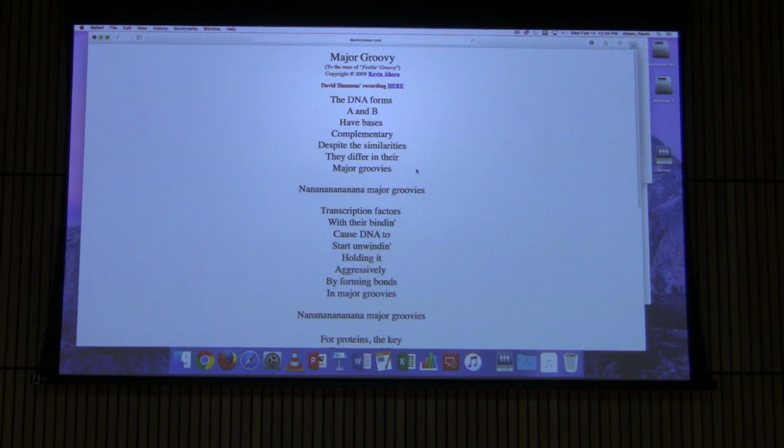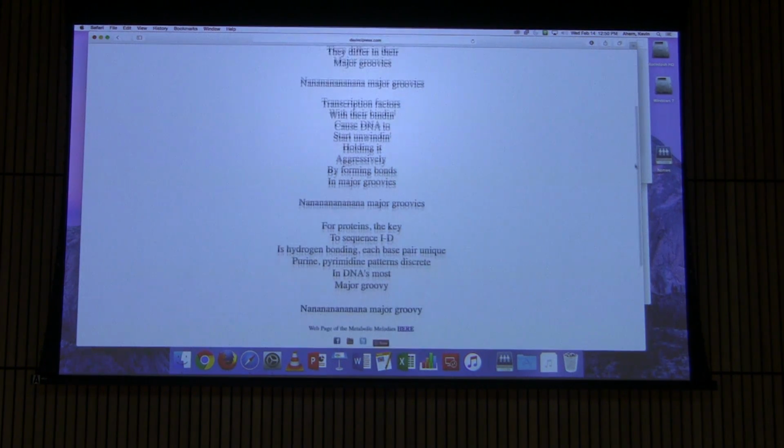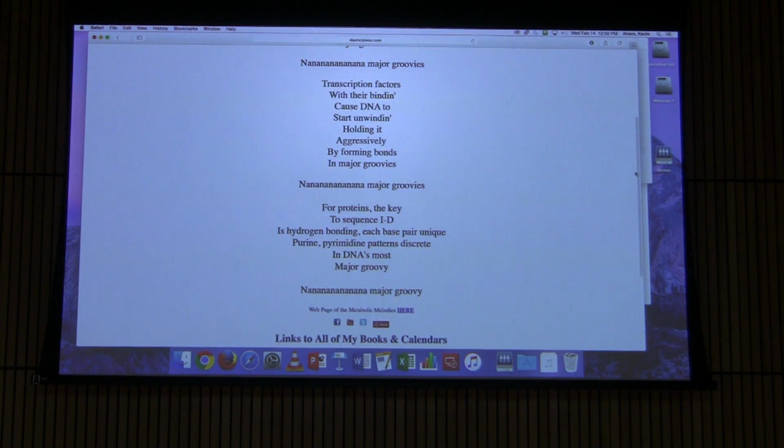DNA forms A and B. A base is complementary, despite similarities differ in the major groovies. Na na na na na na na. Major groovies. Transcription factors with their binding, cause DNA to start unwinding, holding it aggressively by forming bonds in major groovies.